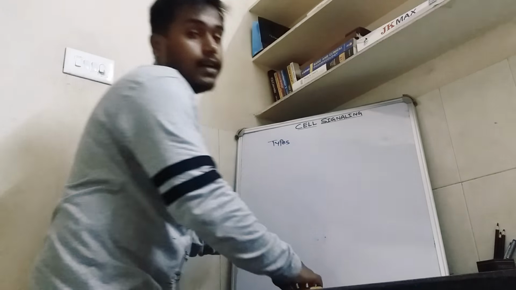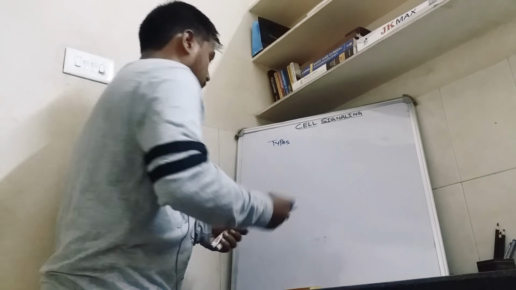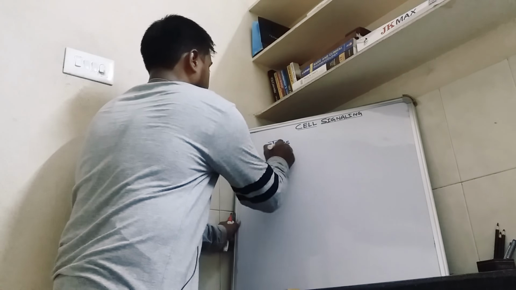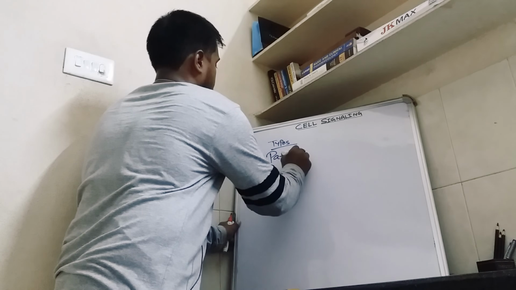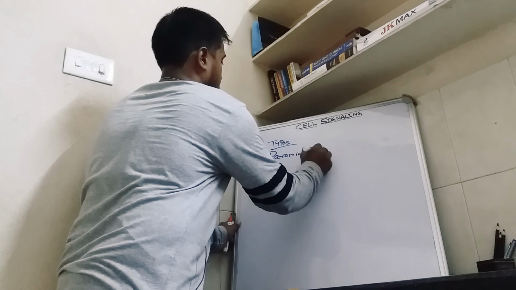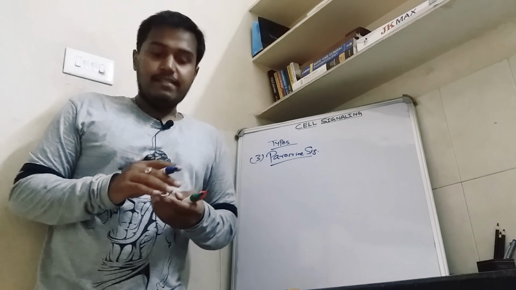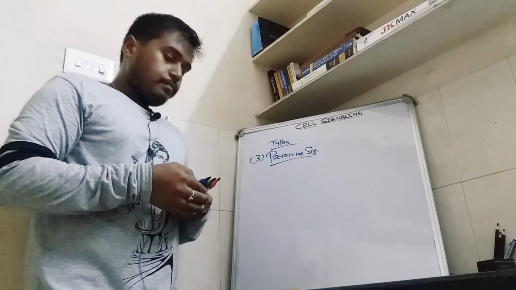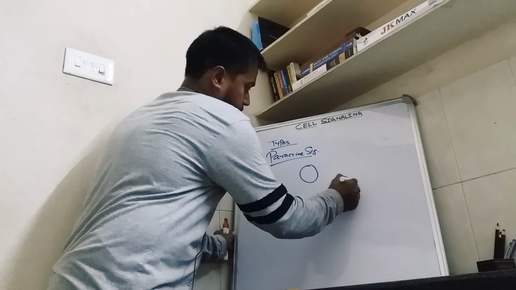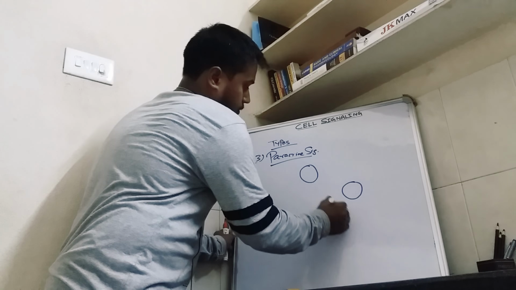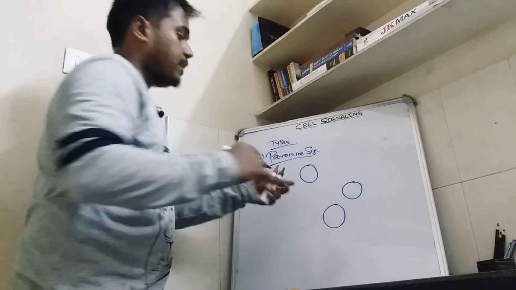Now we will discuss the third type of signaling, that is paracrine signaling. In paracrine signaling, we have a cell here, and a second cell here, the target cell. These are the secretory cells.